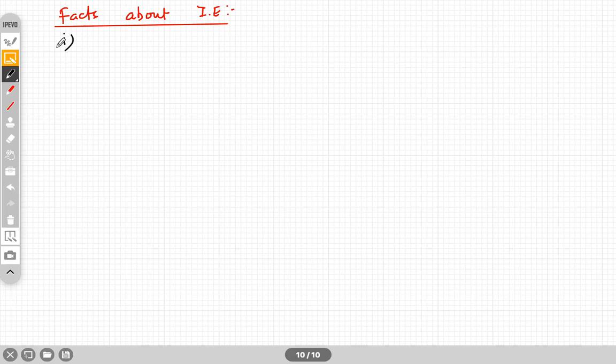Second point, you write down. Okay, I'll repeat. In each period, alkali metal shows least ionization energy, comma, cesium. Cesium has minimum value of ionization energy.